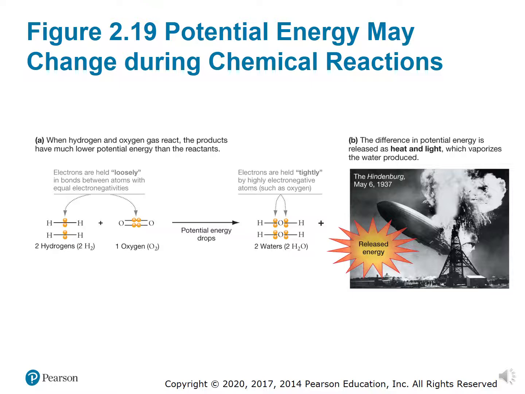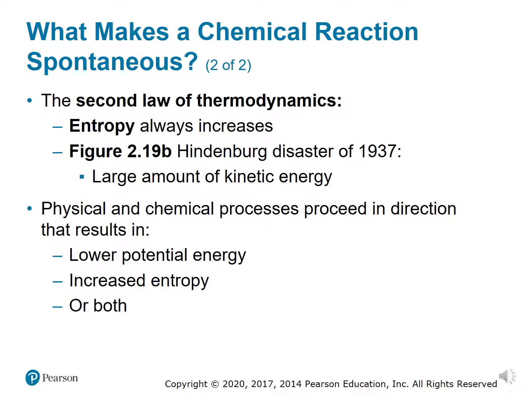So potential energy drops, creating a spontaneous reaction. The second law of thermodynamics states that entropy always increases. In other words, disorder is always increasing. And a classic example is the Hindenburg, like what we saw right there.